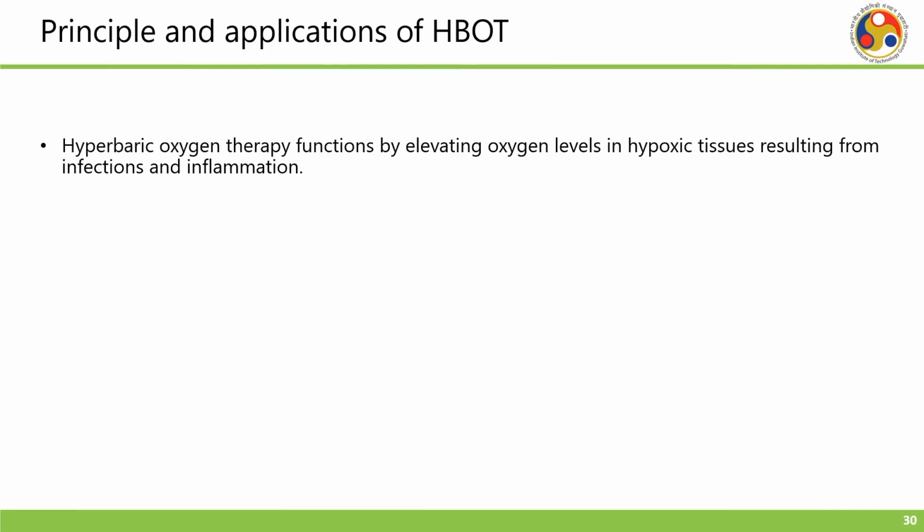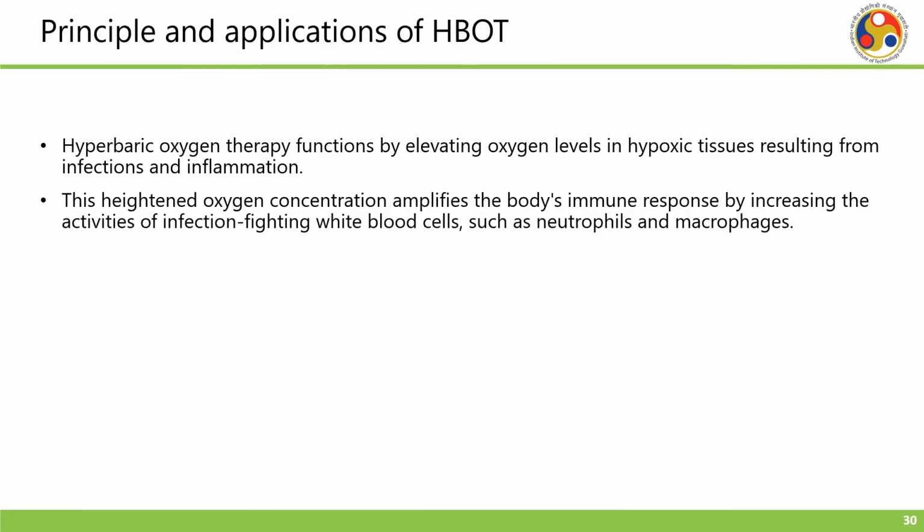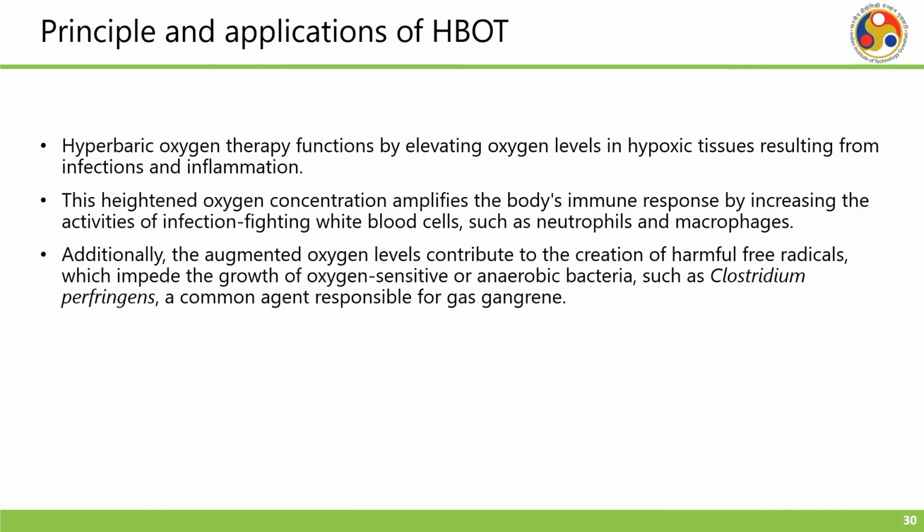Hyperbaric oxygen therapy functions by elevating oxygen levels in hypoxic tissues resulting from infections and inflammations. This heightened oxygen concentration amplifies the body's immune response by increasing the activities of infection fighting white blood cells such as neutrophils and macrophages.